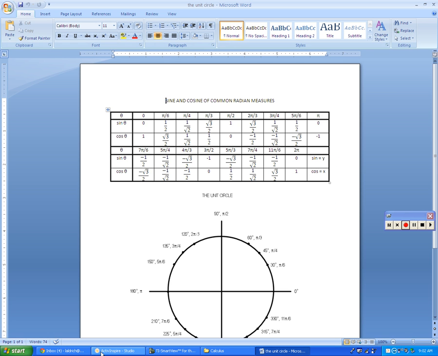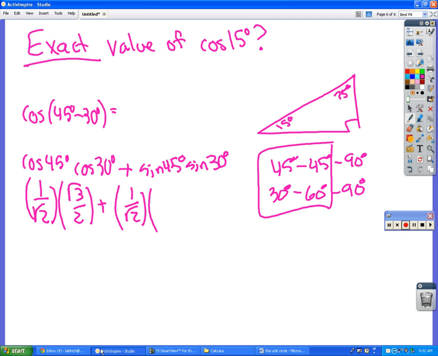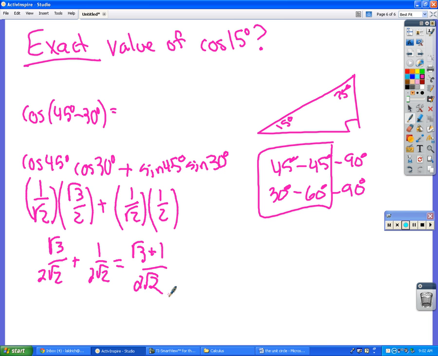All right? So then if you multiply those out, you get root 3 over 2 root 2 plus 1 over 2 root 2, or root 3 plus 1 over 2 root 2.